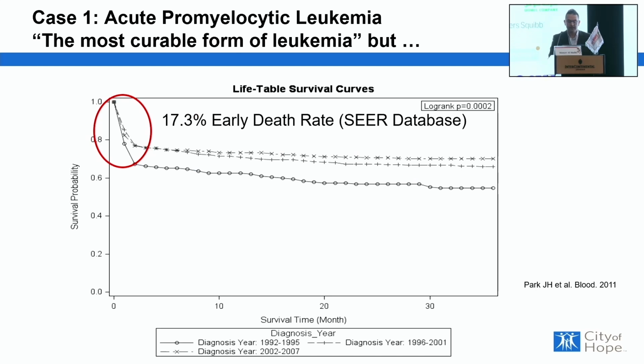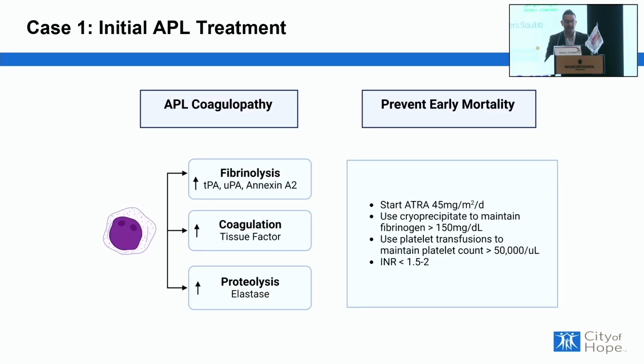This is the most curable disease that we deal with on a daily basis. The main problem with this disease is the high early mortality. It's quoted in this paper to be close to 20%. The early mortality is mostly due to coagulopathy associated with this disease.